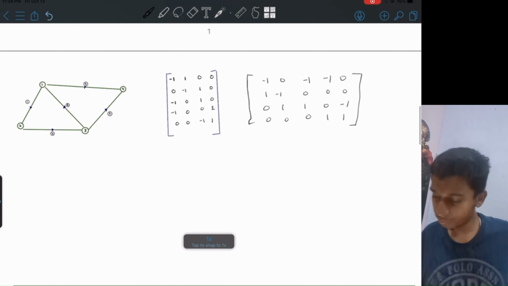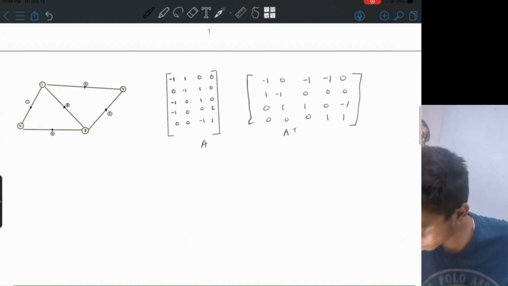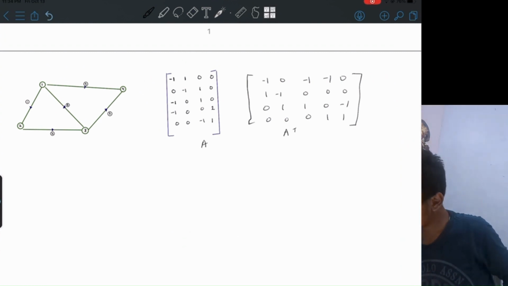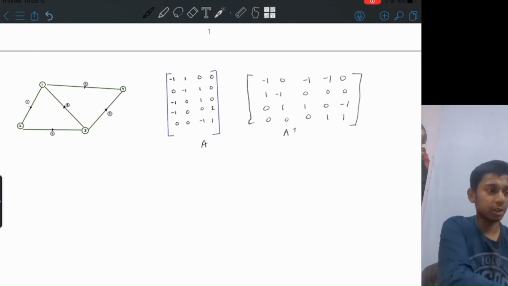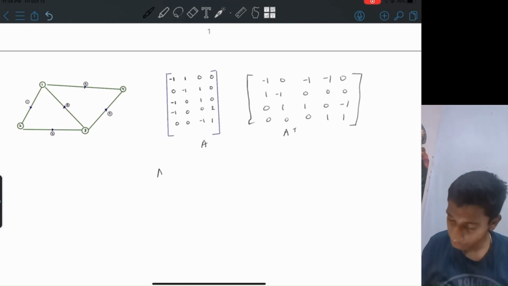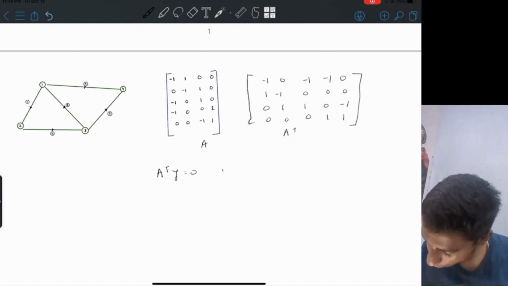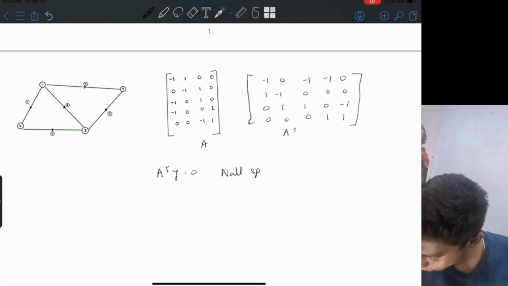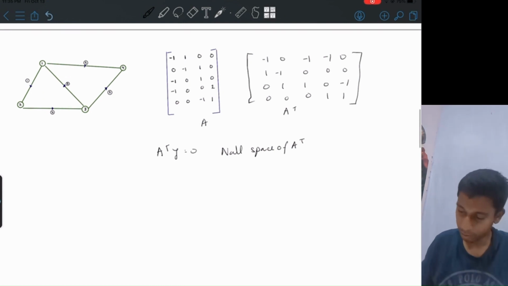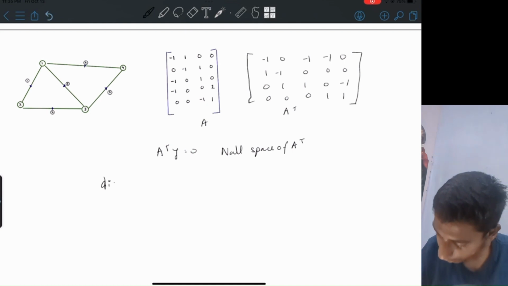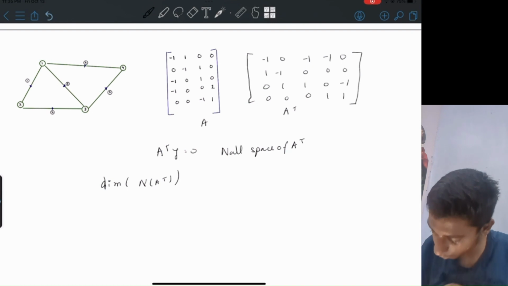Okay, so for this A matrix, this is the A transpose matrix, and now what we are interested in is to find the solution for A transpose y equals 0, or the null space of A transpose. So first of all, before solving it, what is the dimension of the null space of A transpose?